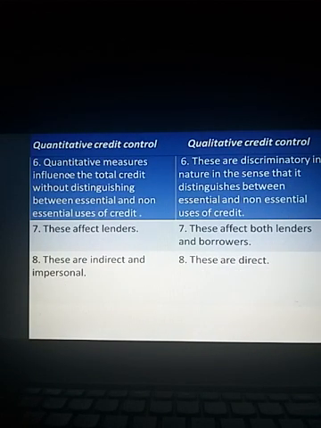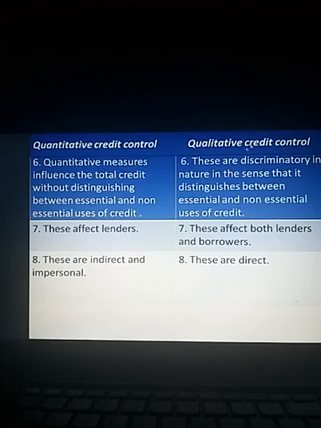Point 6. Quantitative measures influence the total credit without distinguishing between essential and non-essential uses of credit. In the sense that as this quantitative measure never prioritizes or distinguishes between essential and non-essential things, it will just influence the total credit.